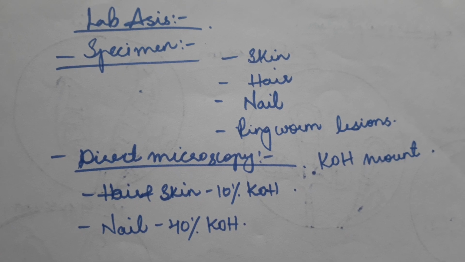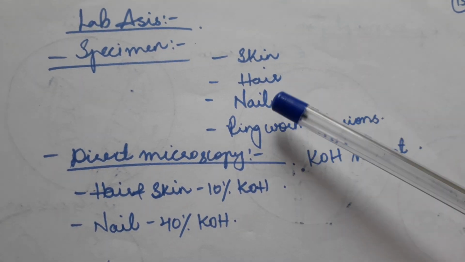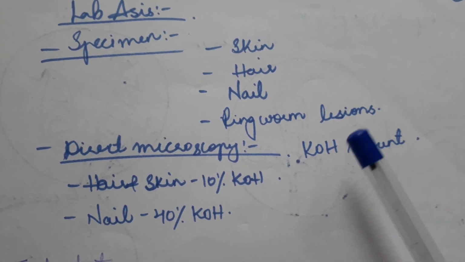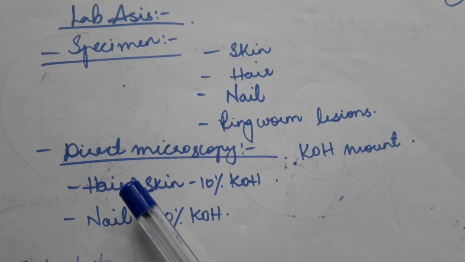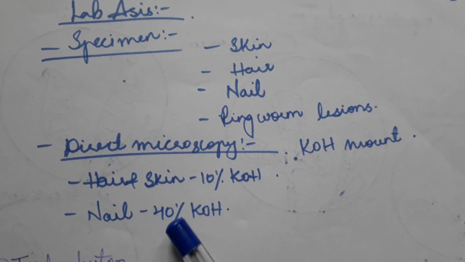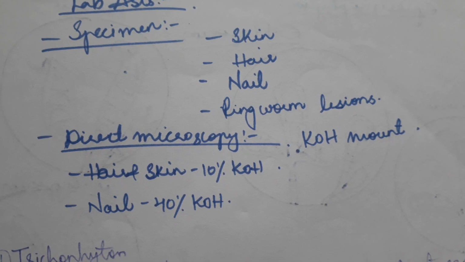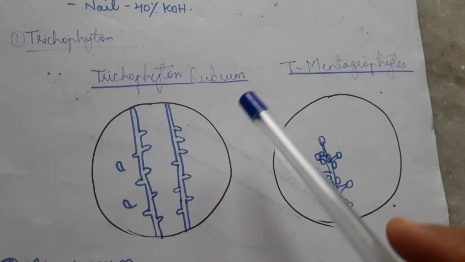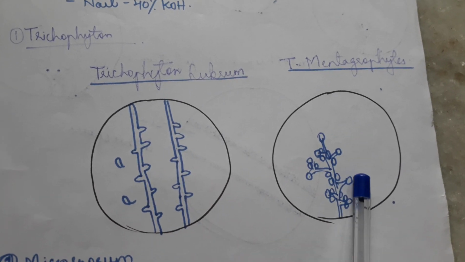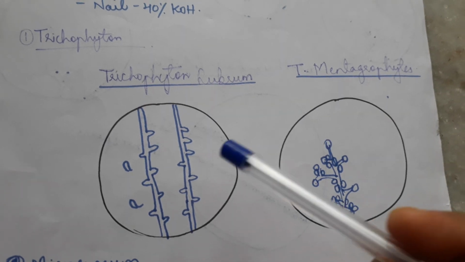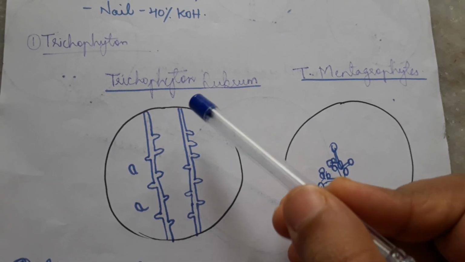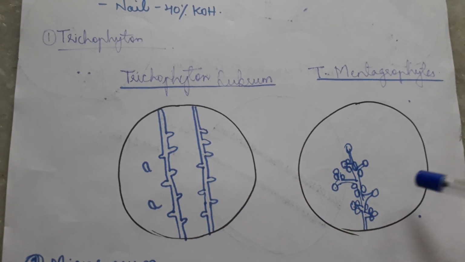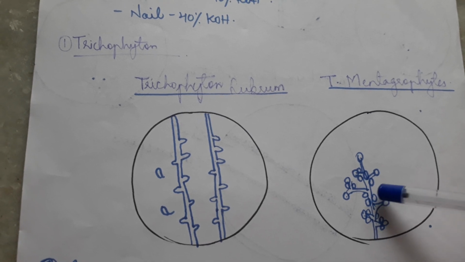Coming to the lab diagnosis, the specimens are skin, hair, nail and ringworm lesions. Direct microscopy uses KOH mount: 10% KOH for skin and hair, and 40% KOH for nail. Coming to Trichophyton rubrum, you can see tear-shaped microconidia along the hyphae, whereas mentagrophytes shows grape-like clusters of microconidia.